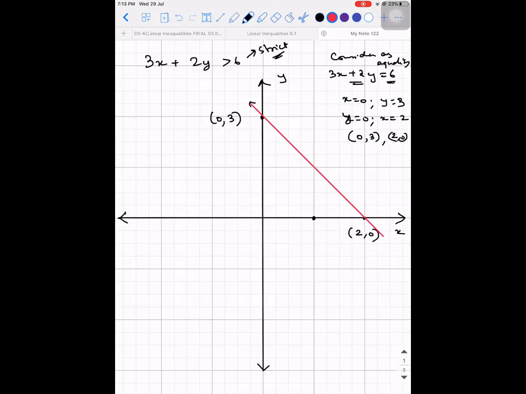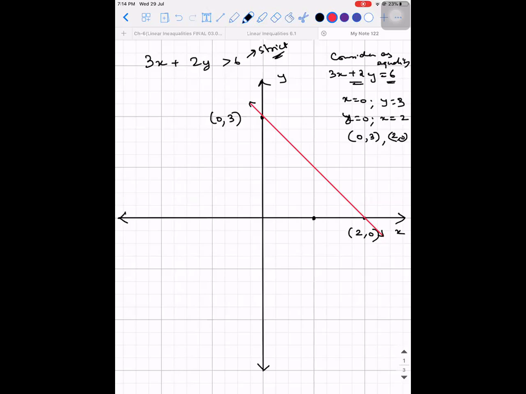This is going to be my straight line. So what are we supposed to do? First treat the inequality as equality, then find the coordinates: put x is equal to 0, find y value, put y is equal to 0, find x value, you'll get two coordinates. Plot those two coordinates on the x-axis and y-axis respectively, and draw a line.